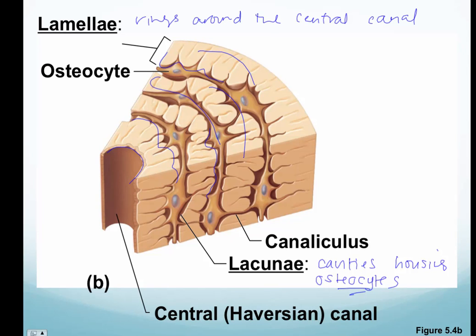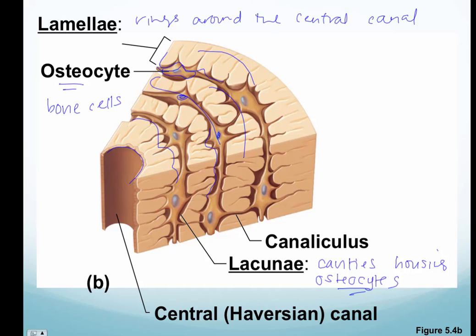And why are these osteocytes important? Because each of these individual cells here, here's the nucleus, these are bone cells. All of these bone cells are housed within all of these lacunae.